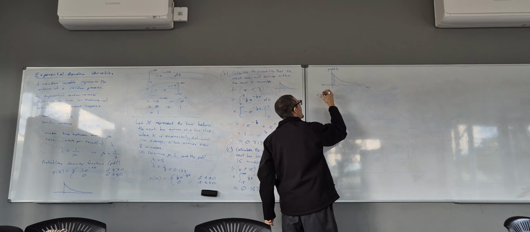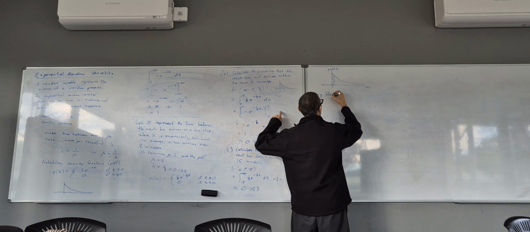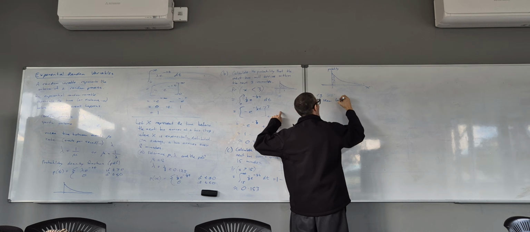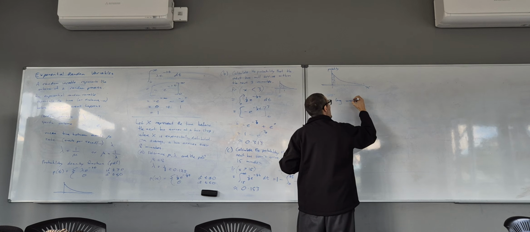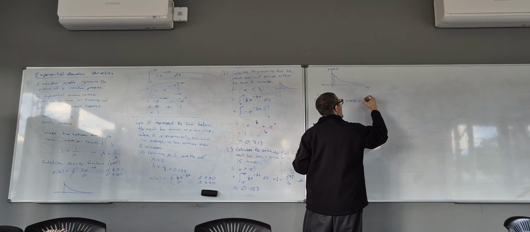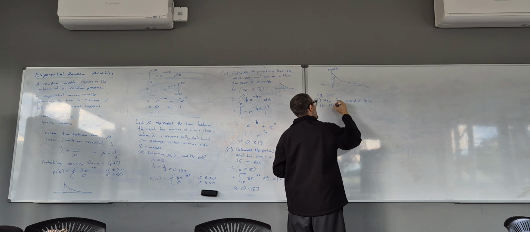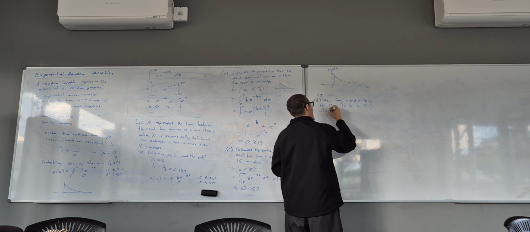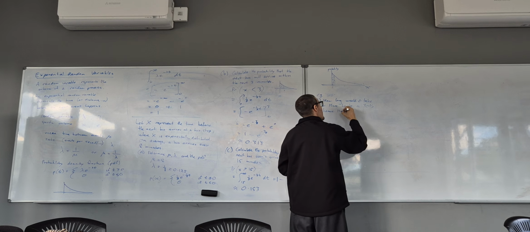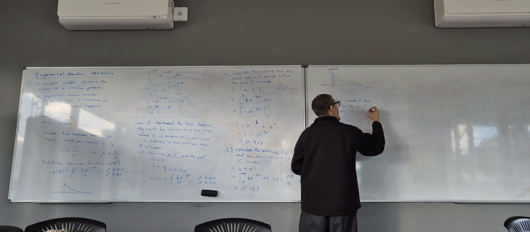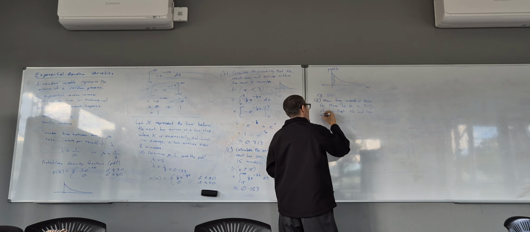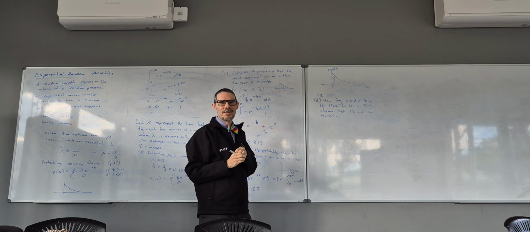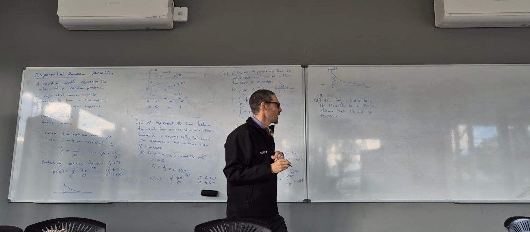For example, from the same example, let's make a D. How long would it take for there to be a 30% chance that the bus will turn up? I don't know what the correct grammar is there. It doesn't matter. It's fine.